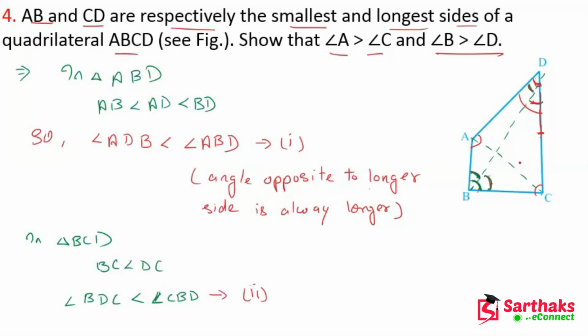So angle DCA, meaning this angle, is less than angle DAC, meaning this angle.